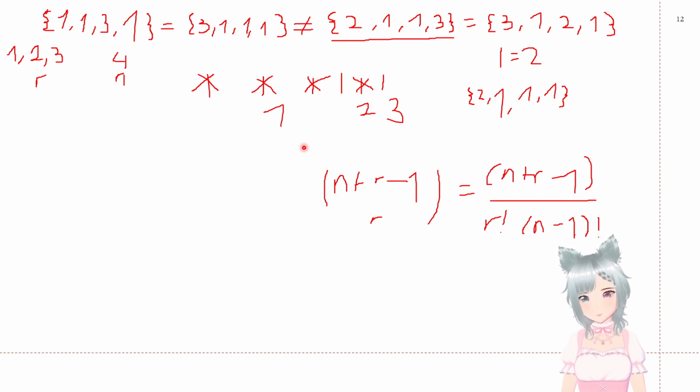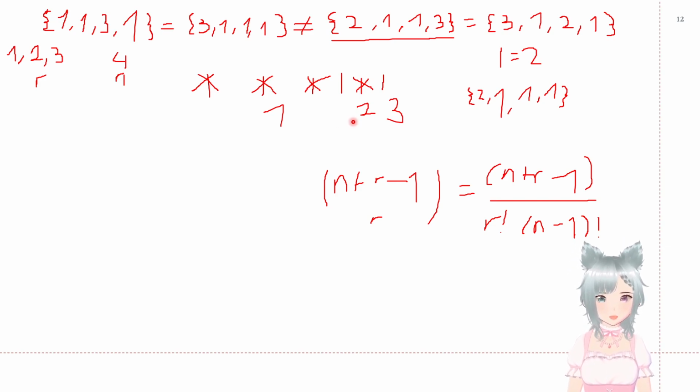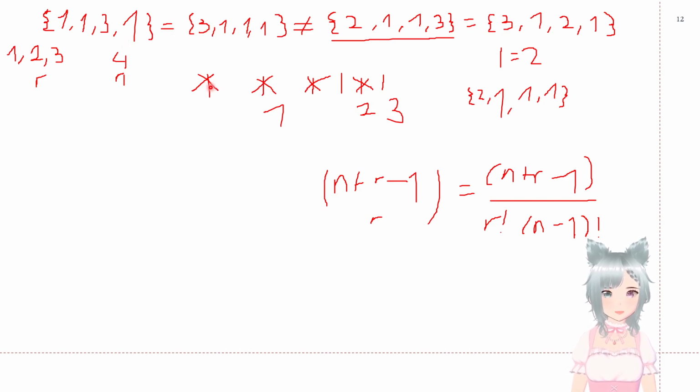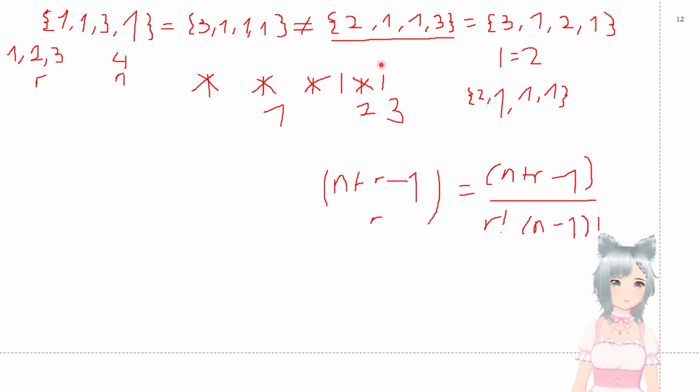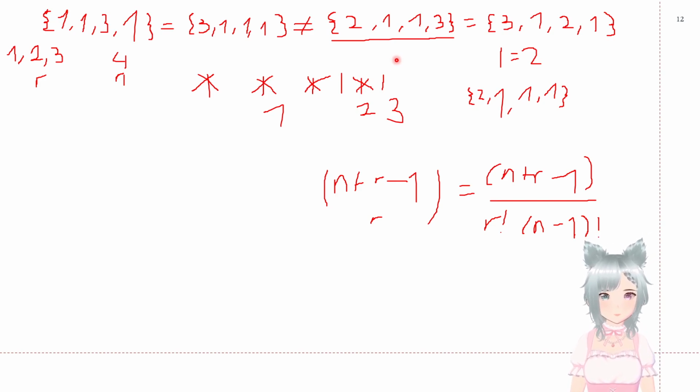But it's just really hard to understand the first step, why this is now n plus r minus 1 choose r. What I want you to understand is the way we can represent each set by making stars and lines. This is what I want you to take away from this.